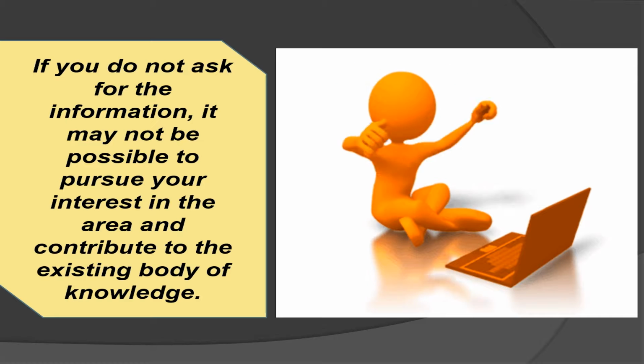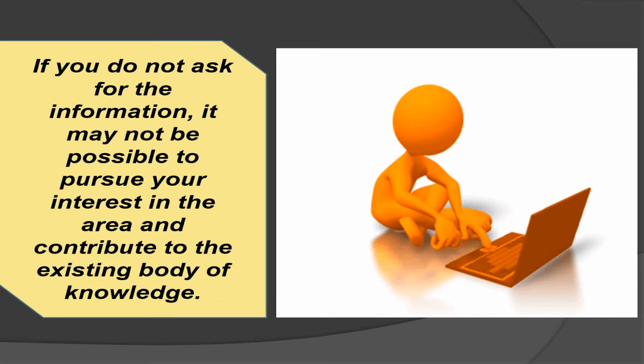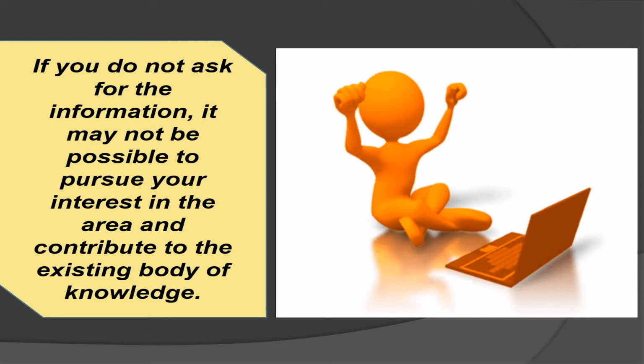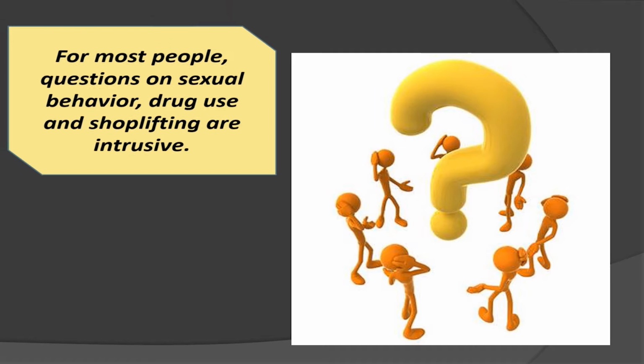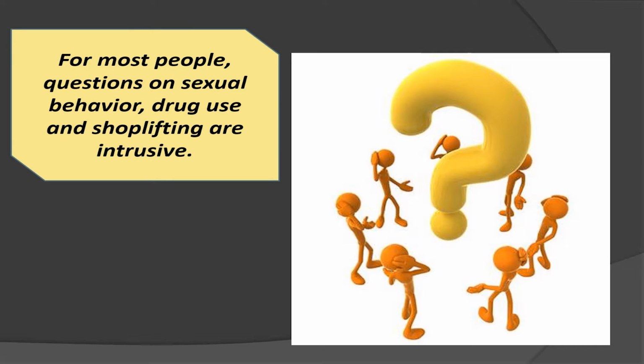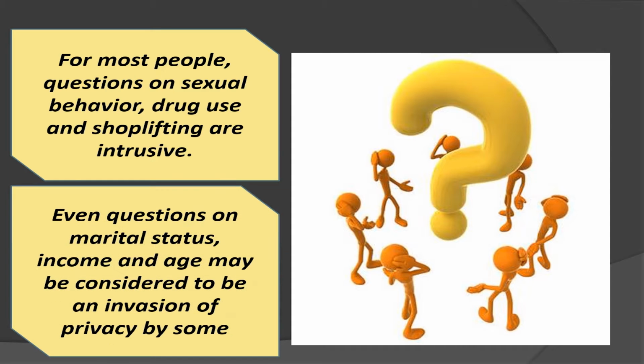However, if you do not ask for the information, it may not be possible to pursue your interest in the area and contribute to existing body of knowledge. For most people, questions on sexual behavior, drug use, and shoplifting are intrusive. Even questions on marital status, income, and age may be considered to be an invasion of privacy by some.